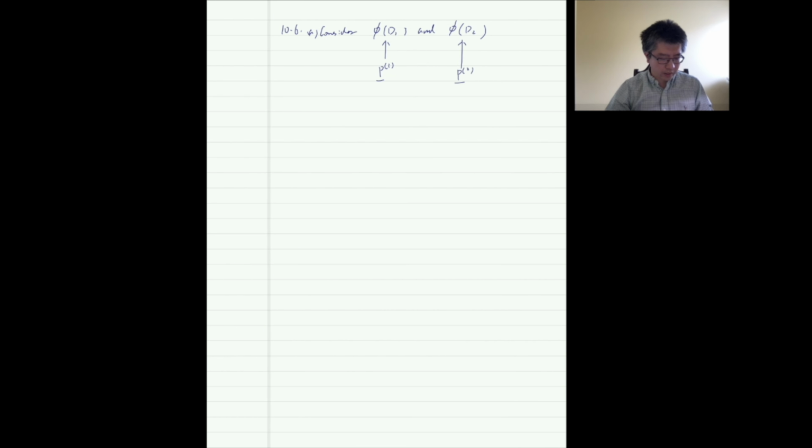Okay, and then we're going to combine p1, p2 and see what happens for d1 and d2, right? Because ideally we want to see a linear combination of d1 and d2. So it turns out that they will be the same as the combination of the two p's. Okay, let p lambda equal lambda times p1 plus 1 minus lambda times p2. Then we can see that d lambda equals, by definition, the sum of p lambda i times d i.